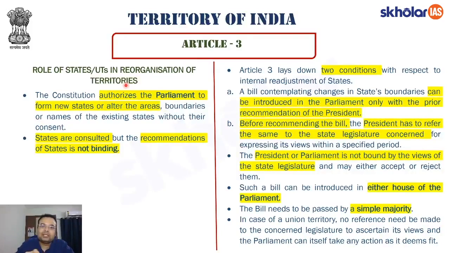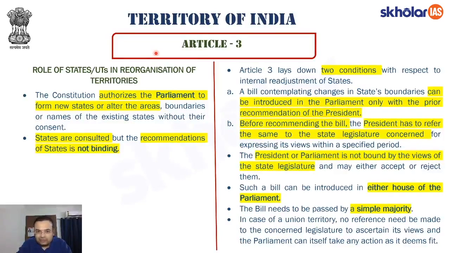This again has been clearly stipulated in Article 3. What does it say? The Constitution authorizes Parliament to form new states or alter areas, boundaries, and names of existing states without the consent of that state. That means, if today Parliament decides that I want to change the size of Uttar Pradesh, I would want to make it into 4 states, or 3 states, whatever.